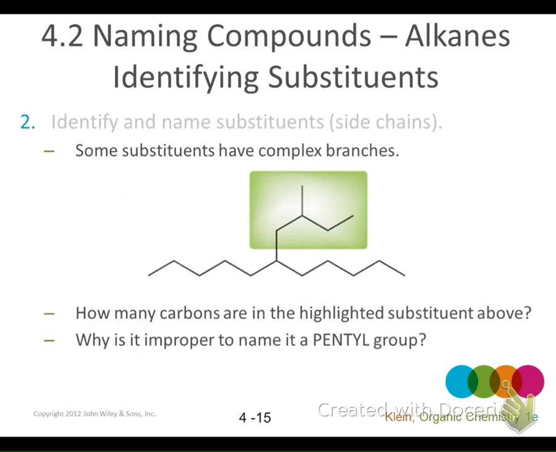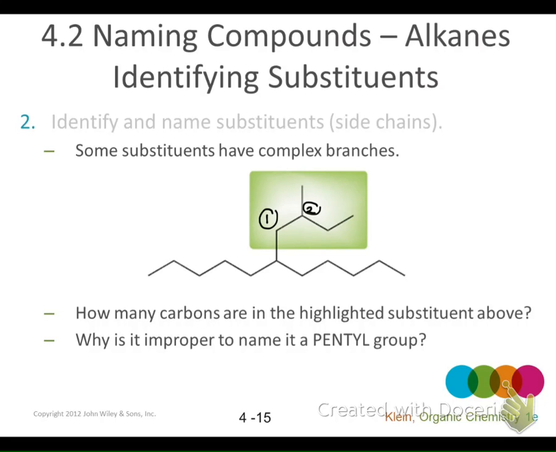So in reality, what we're going to do is number this side chain from this position here. And it's going to get its own set of numbers. The reason I have to do that is because it's on the number 2 carbon of the side chain. It's got its own side chain. So this is a 2-methyl group on the side chain.